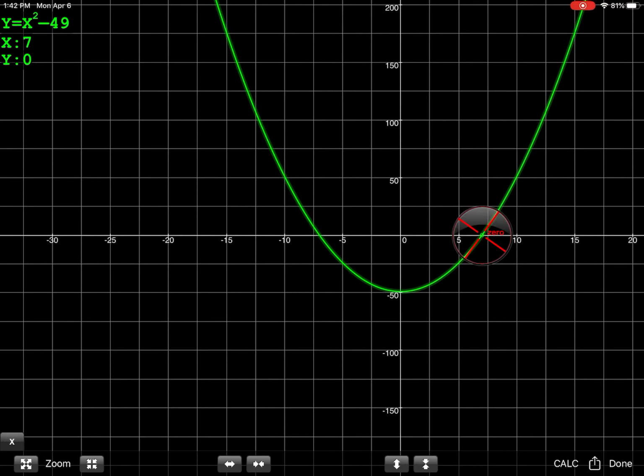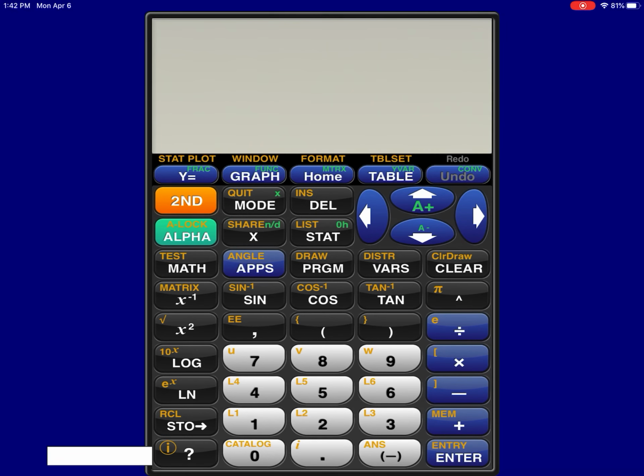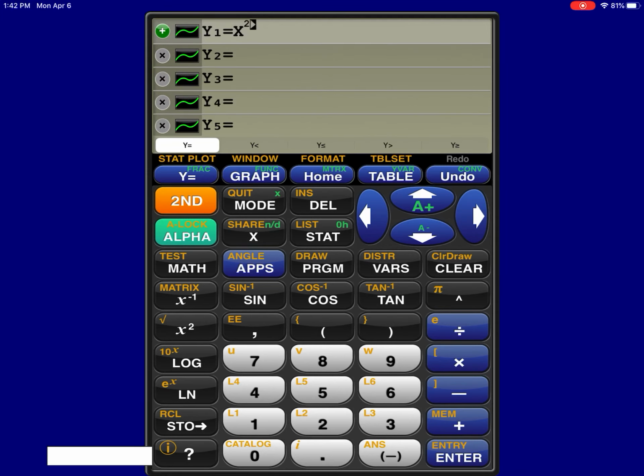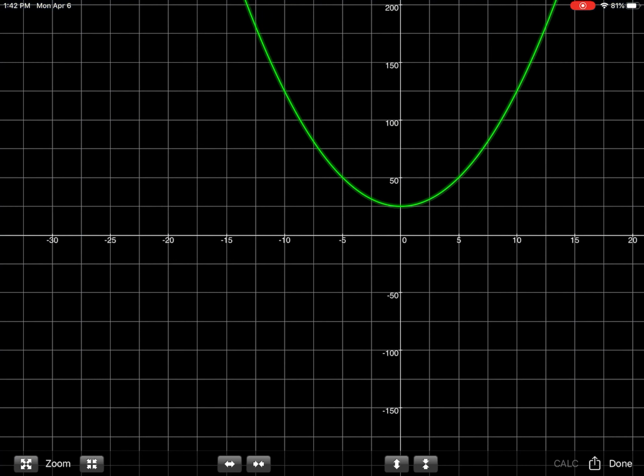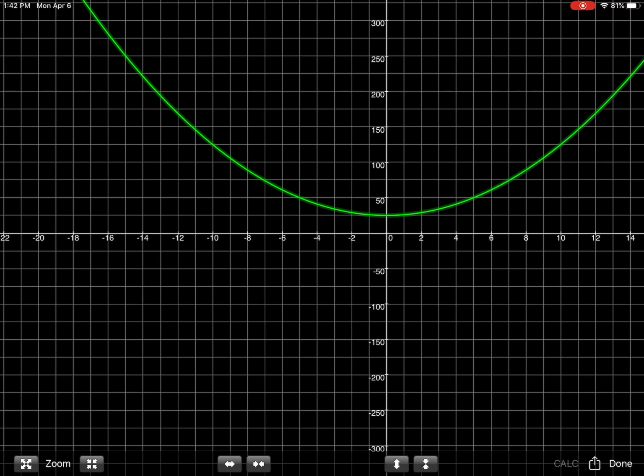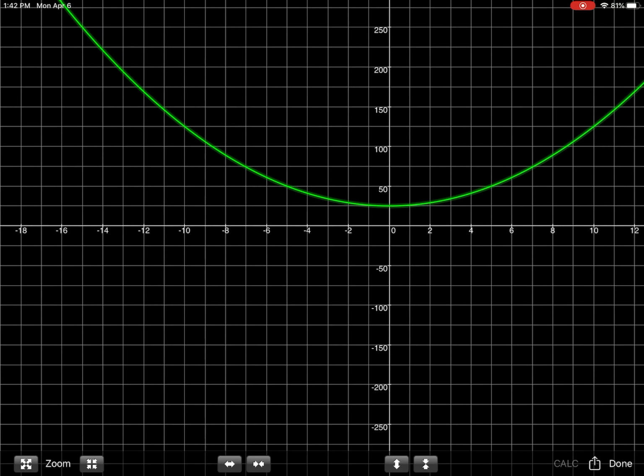You have no solution. Now, let's look at this graphically. What this means is that graphically, this is not going to cross the x-axis. If I say y is equal to x squared plus 25, and then I graph it, as you can see, we do not cross the x-axis.